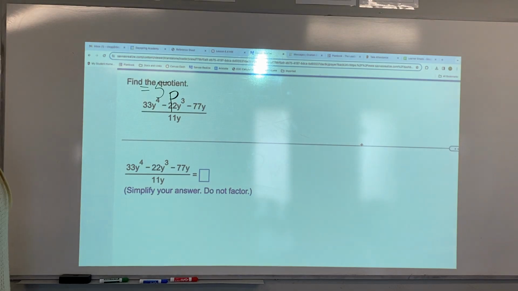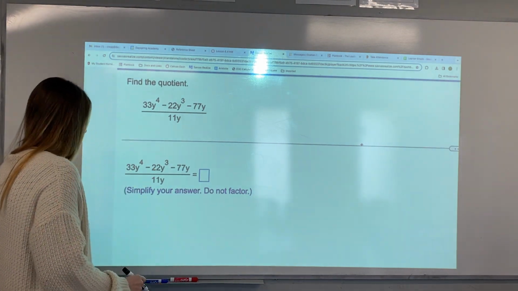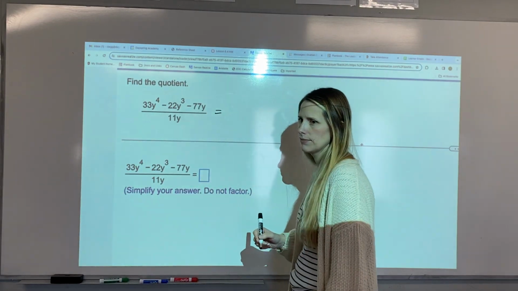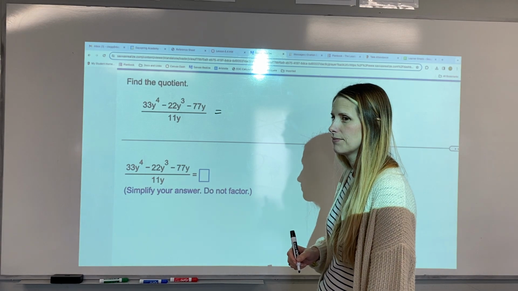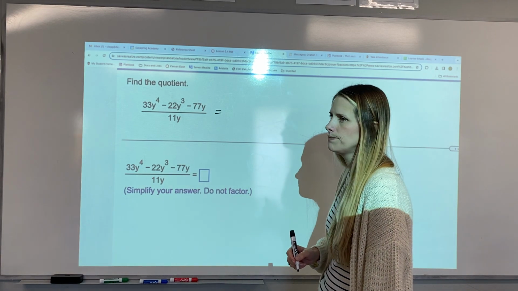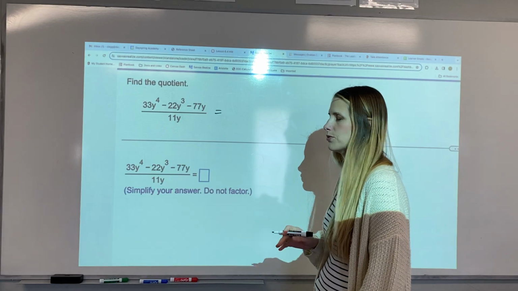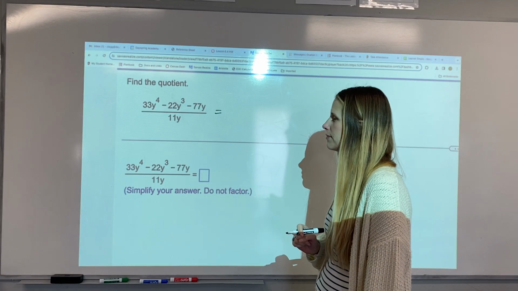Now we have to divide the polynomial by the monomial. What's the first step? You just find the greatest common multiple. No, no, no, and no. Hold on, I got this.